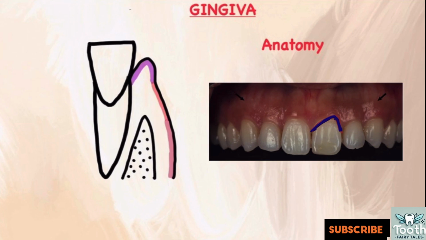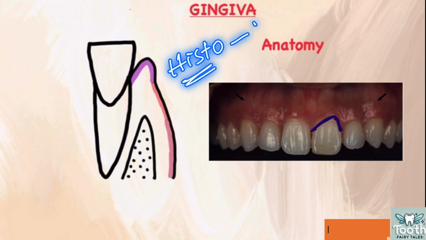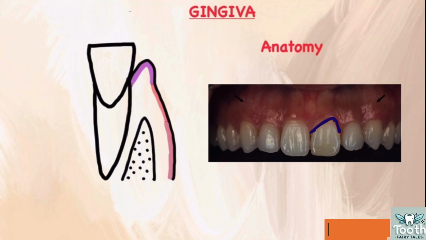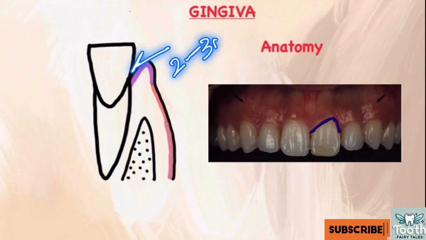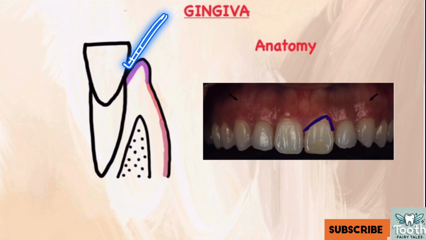In a germ-free environment, the depth of the sulcus is 0 mm, whereas in clinically healthy humans, the histological depth is 1.8 mm. Probing depth of the gingival sulcus is 2 to 3 mm. Periodontal probe is used to measure this depth.